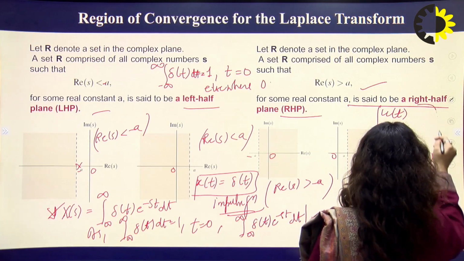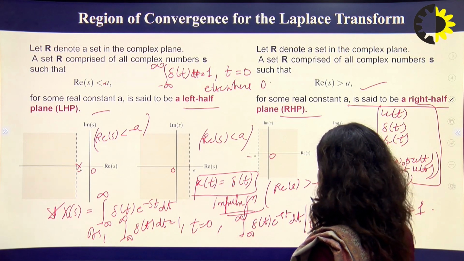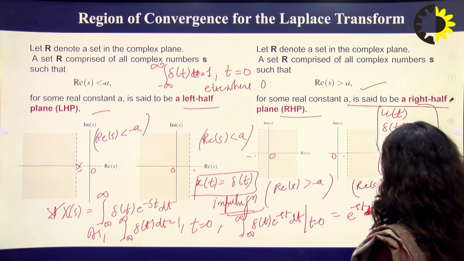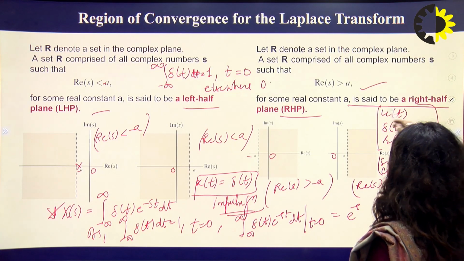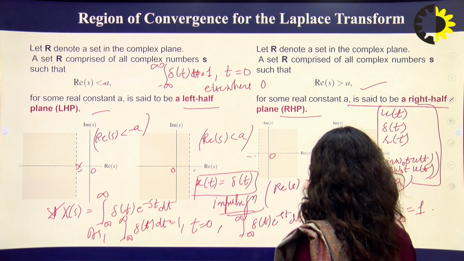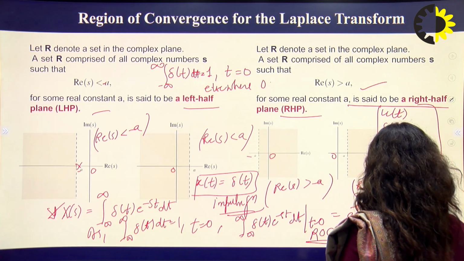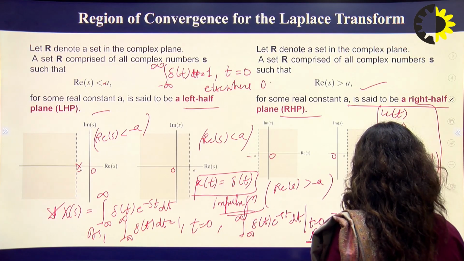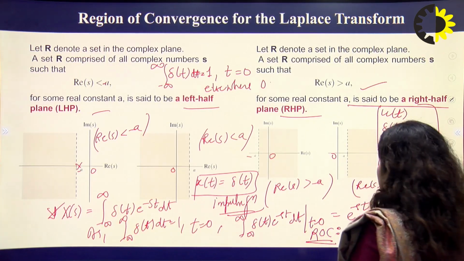So you can solve for these functions the Laplace transform, and you can calculate the ROC, region of convergence, for these signals. You can have the value of ROC, or the ROC you can define here because its value is 1. So the ROC in the case of the impulse function is the entire S domain or S plane, you can say. Similarly, for cos and sine, you can calculate the value of the Laplace transform.